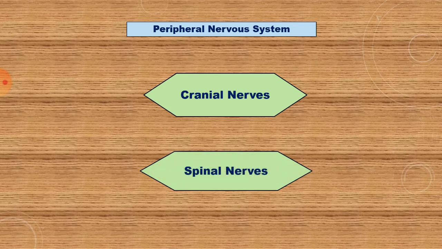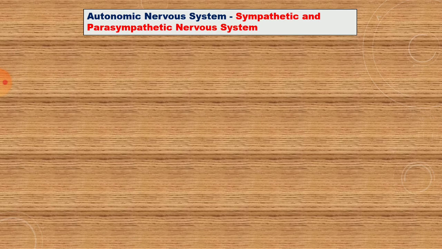Impulses in the dorsal spinal root travel towards the spinal cord, bringing the message to it, and in the ventral spinal root away from the spinal cord, taking the message from it. Cranial nerves are 12 pairs, spinal nerves 31 pairs.